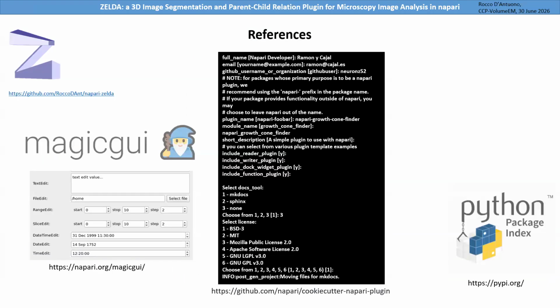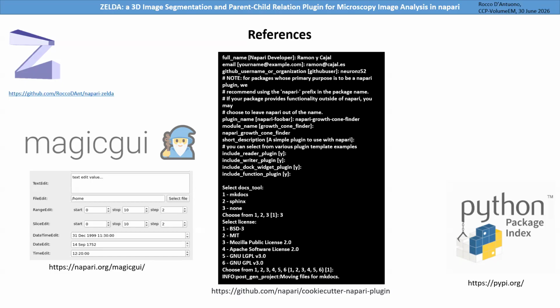At this point, these are additional slides where I want to mention that the functions that I'm using to build the graphical user interface rely on the use of magicgui. So magicgui is a library that simplifies the use of graphical elements so that they can be used in order to build an app that relies on Python. We make use of this in order to create widgets in napari.